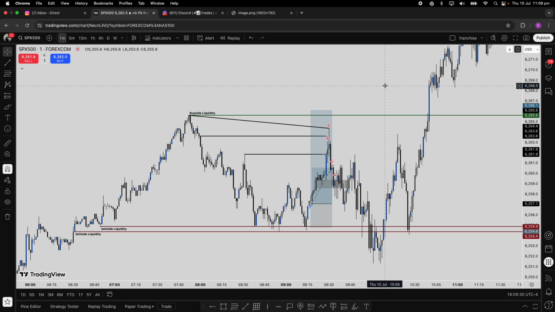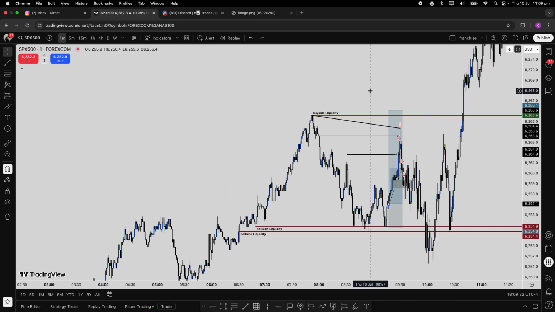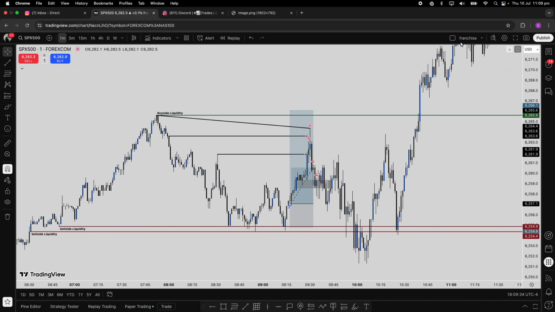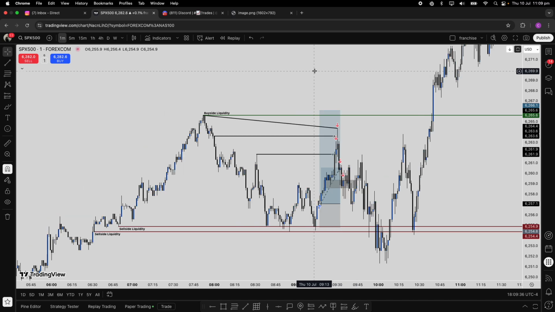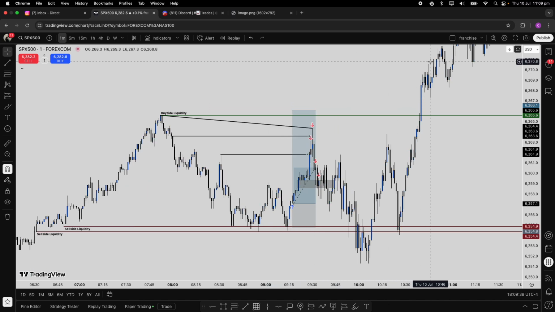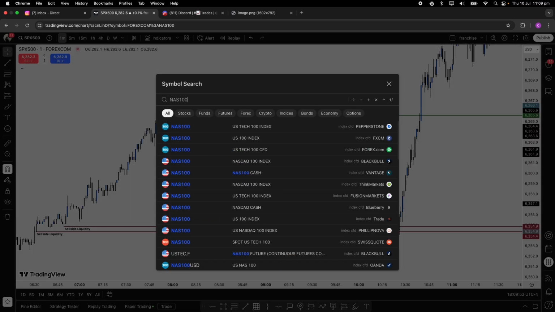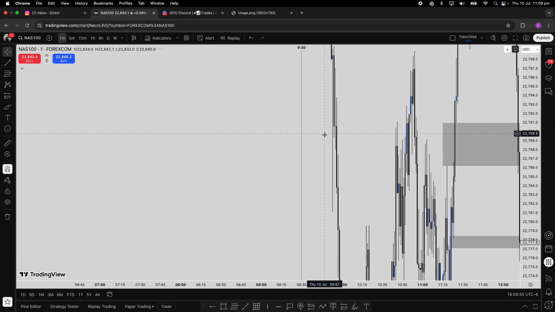Obviously on NAS, you know that it completed the model, but there was a reason for me preferring the ES over NAS, and as you can see, these levels held better than Nasdaq. Nasdaq was very bearish, as anticipated though.